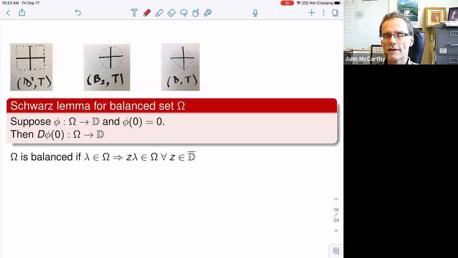And let me recall, if it's a while since you took functional analysis, that you say a set's balanced if given any point in the set, if I multiply it by any complex number of modulus less than or equal to 1, that stays in the set. So it's circular in some sense. Given any point, it contains not only the circle through that point, but also the disk through that point.